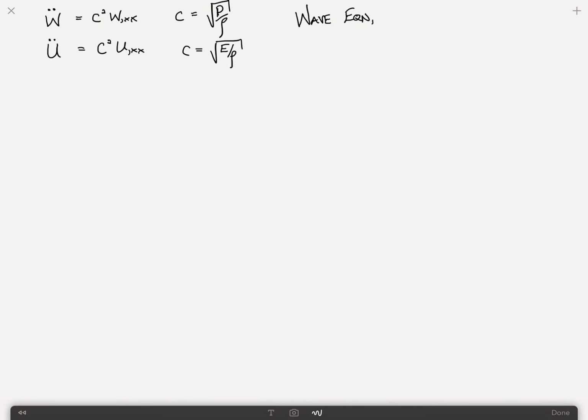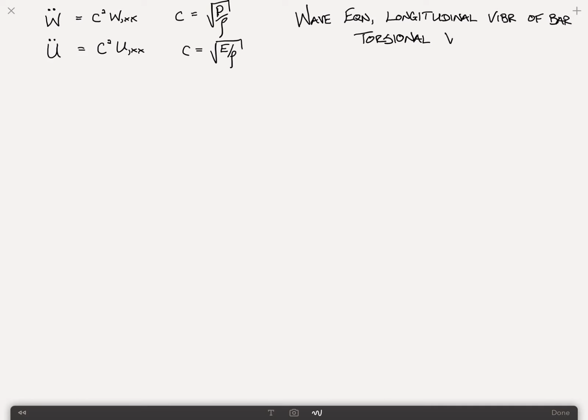And we saw that in longitudinal vibration of a bar. We saw it in the torsional vibration of a shaft.